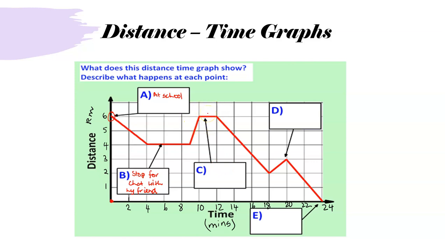This is where I'm back at school and I am at my locker. What happens here? This is where I go back the 1 kilometre to look at the bus timetable. And then over here is when I arrive home.